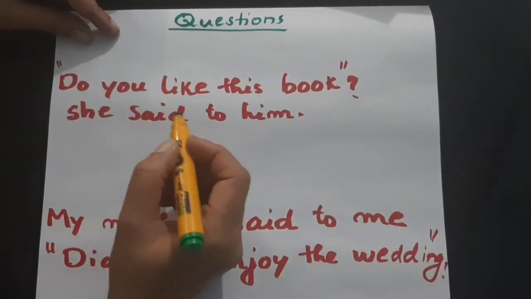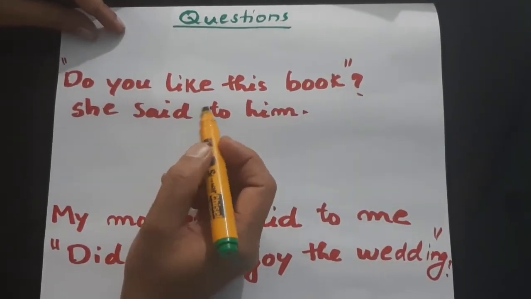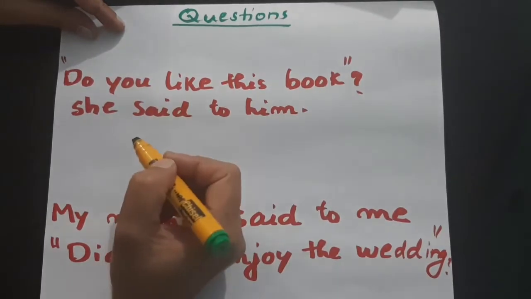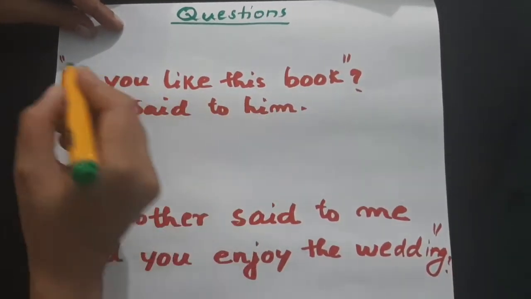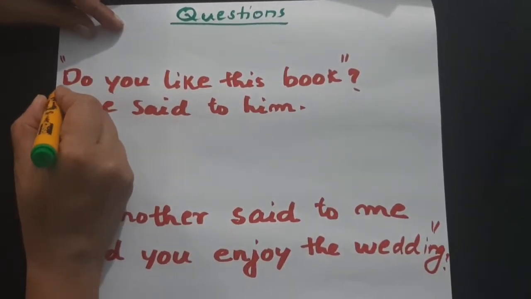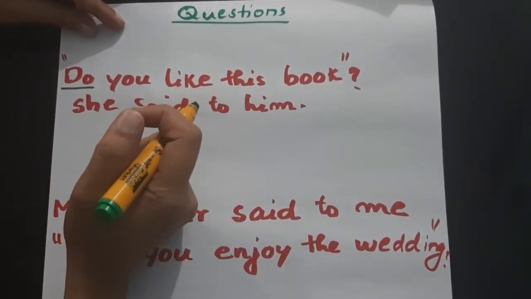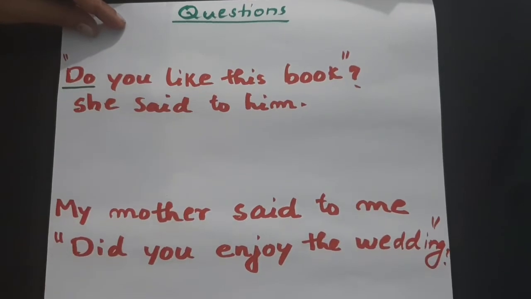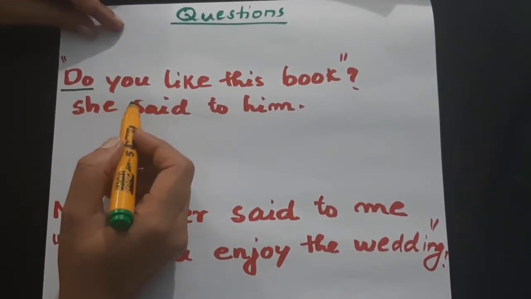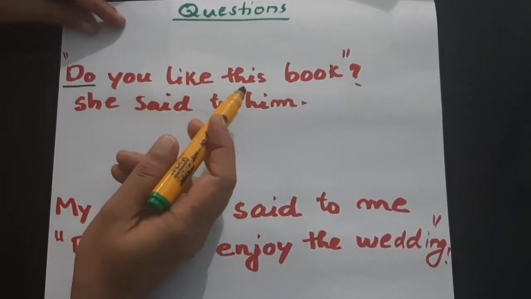We have already discussed questions that start with question words. What we are going to discuss next is questions that start with auxiliary verbs. Just consider the sentence. Do you like this book?